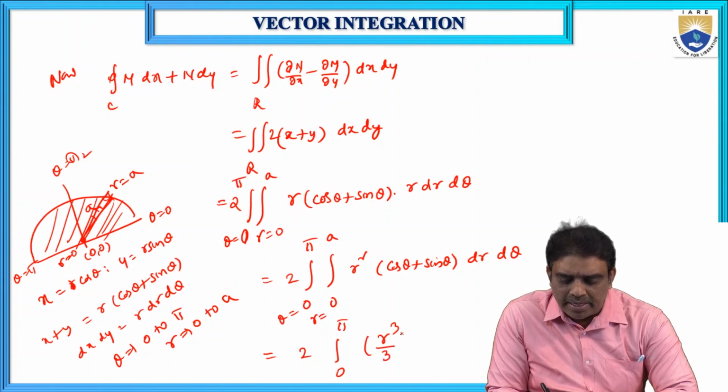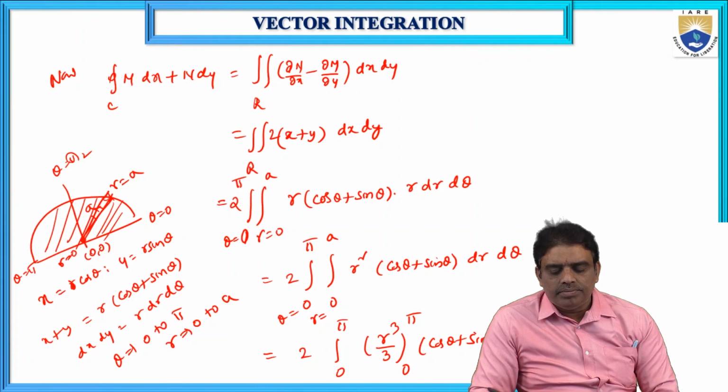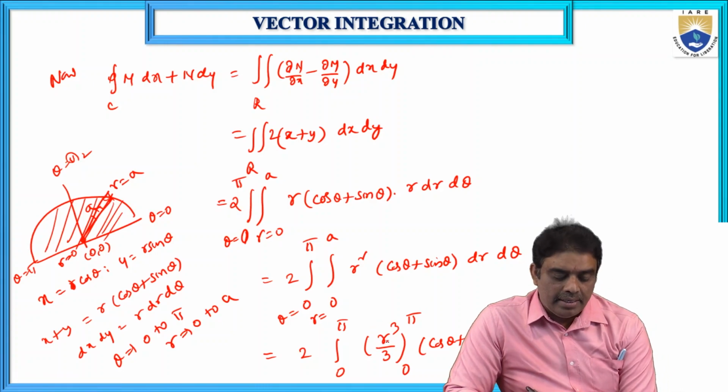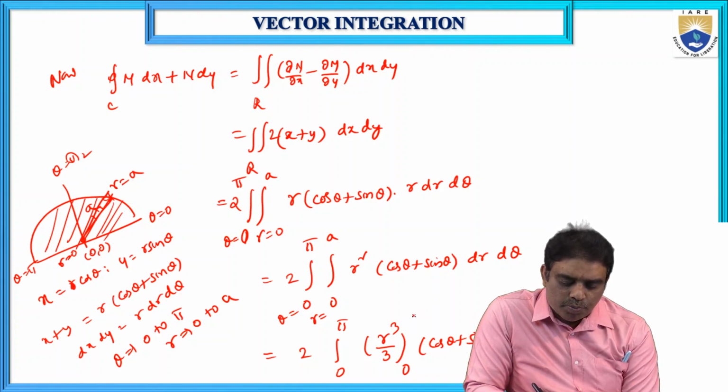So r cube by 3, and the integral from 0 to pi of (cos theta plus sin theta) remains the same, into d theta. The integration of r square is r cube by 3, and the r limits are 0 to a only, not 0 to pi.